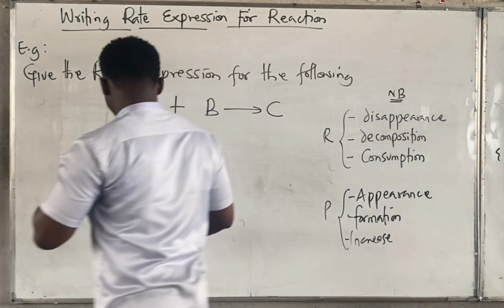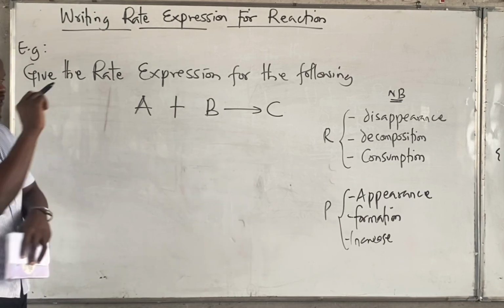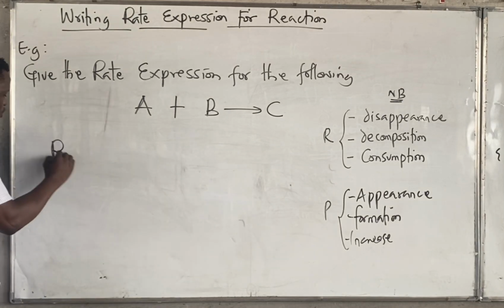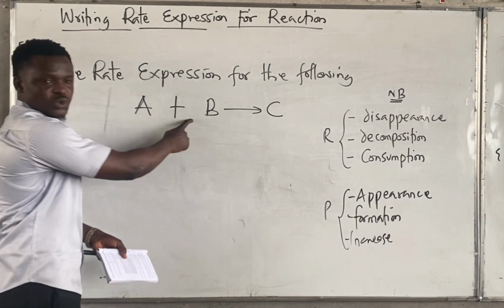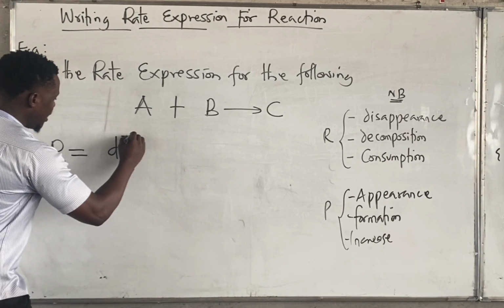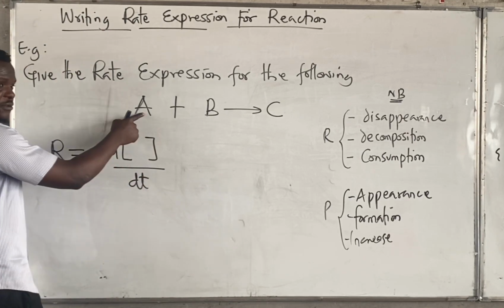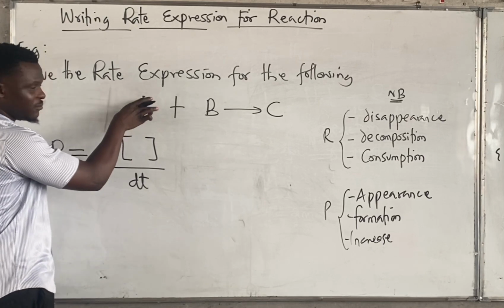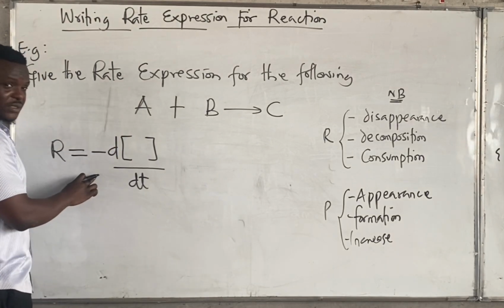Now let's look at this. I'm asked to give the rate expression for this reaction. First things first, I'll put R equals to. I have two reactants and one product. So I'm going to say change in A over change in T. Anytime you're writing rate expression regarding a reactant, you must always put minus here.